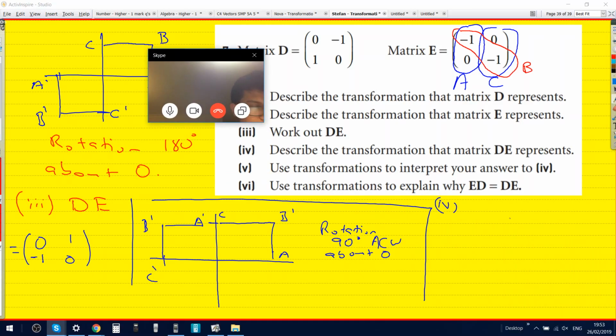So I was just drawing the previous one. I'm just drawing where A would go and then where C would go. So 0, 0.